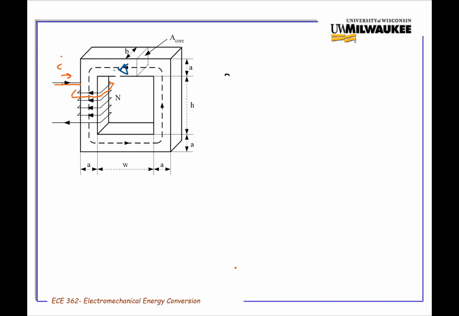See this little arrow right here? It's going that way now. So you can go in different directions, depends on how you wrap around the copper wire and the current direction and what direction it's going.